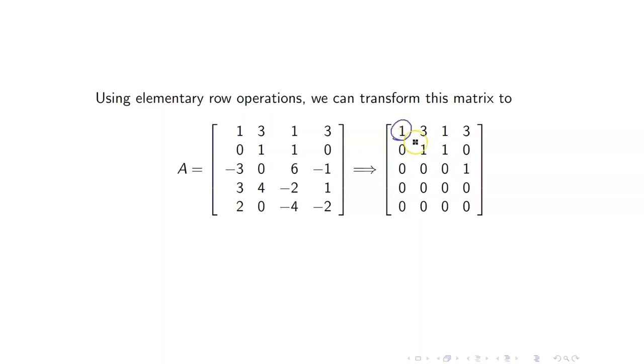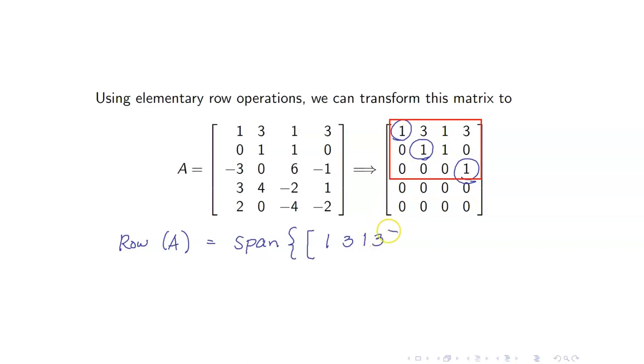We get its pivots, and therefore, the row space of A will just be equal to the span of the rows with pivots: (1, 3, 1), (0, 1, 1), and (0, 0, 1). These three vectors will form a basis for your row space.